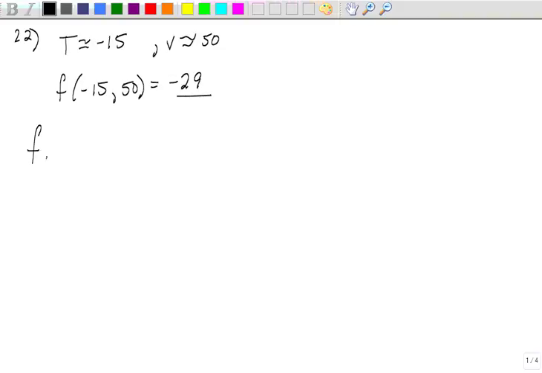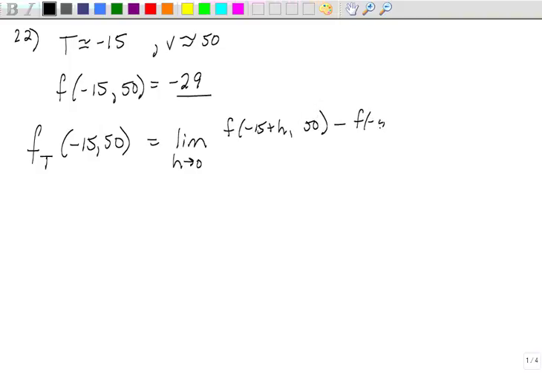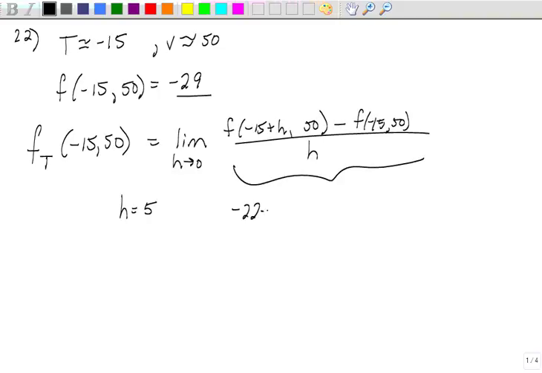Then I can do f sub t, the first partial with respect to t, is the limit as h goes to 0 of f of negative 15 plus h, 50, minus f of negative 15, 50, over h. If h is plus 5, then this part right here is going to be negative 22 minus negative 29 over 5, and that's going to be 1.4.